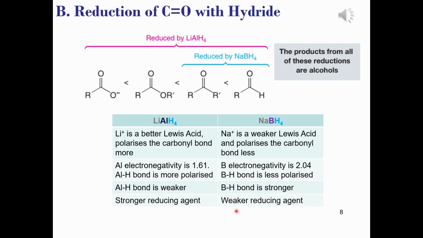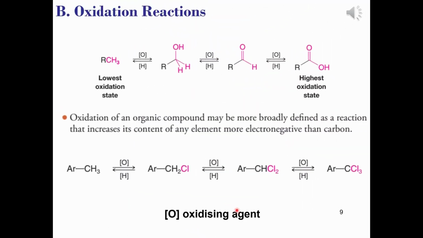So let's now take a look at the oxidation reactions of alcohols to their corresponding carbonyl-containing functional groups, and we will also consider the chemoselectivity of the oxidizing agents involved. So, as a brief recap, oxidation of an organic compound may be more broadly defined as a reaction that increases its content of any element that is more electronegative than carbon.